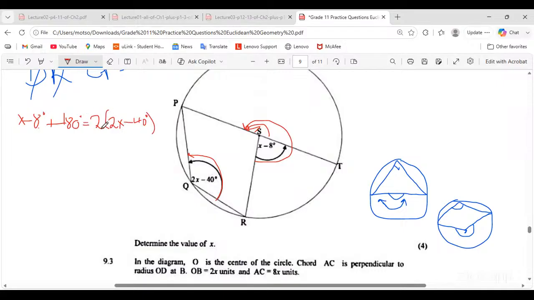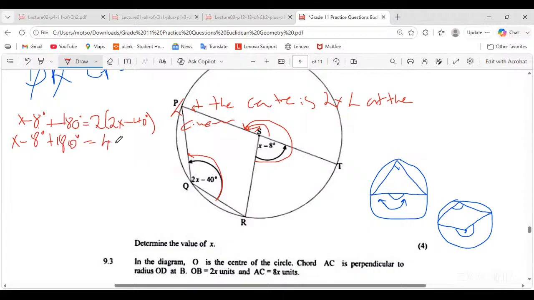This is just the statement. The reason is angle at the center is 2 times angle at the circumference, right? Yes. Now, x minus 8 degrees plus 180 degrees is equal to 4x minus 80 degrees.